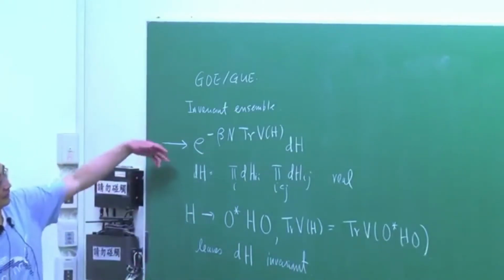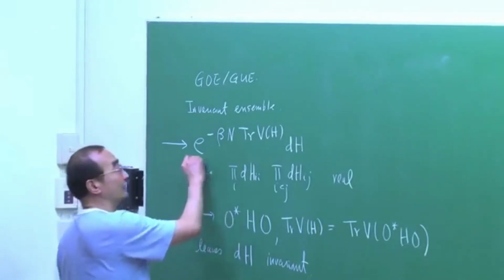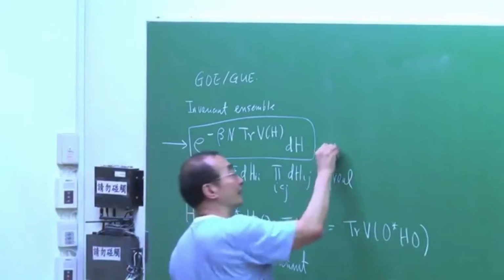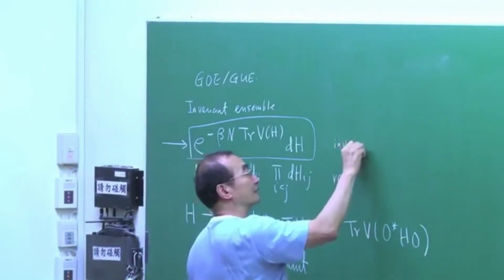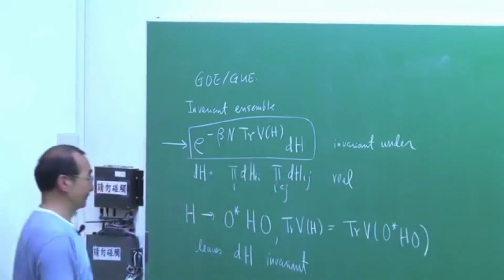So this is why this model is called the invariant ensemble: this measure is invariant under this transformation.